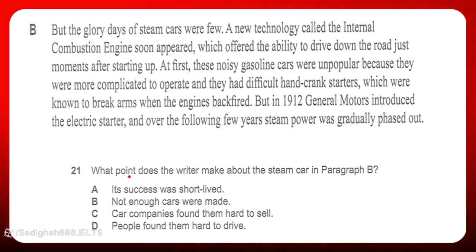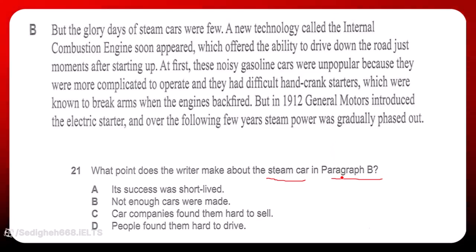Okay, here's the question. What point does the writer make about the steam car in paragraph B? This is a question that is very easy to find, because here we have paragraph B and we should just be looking for the paragraph B at the beginning.